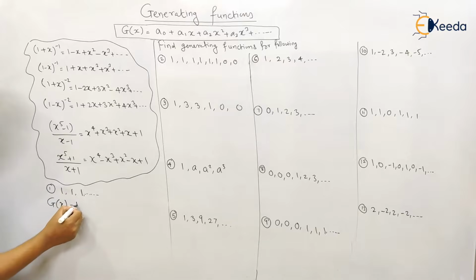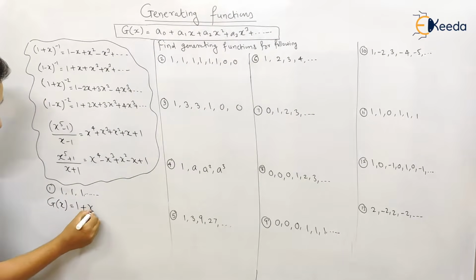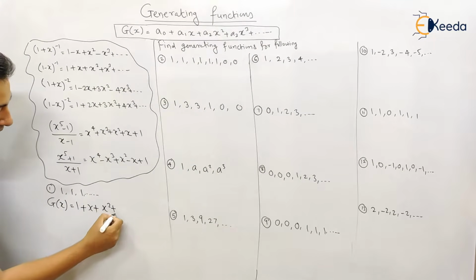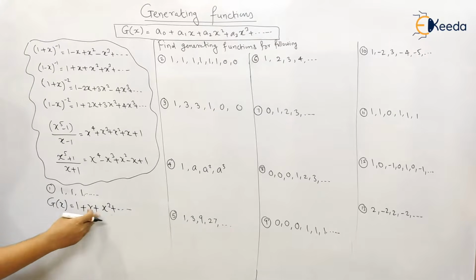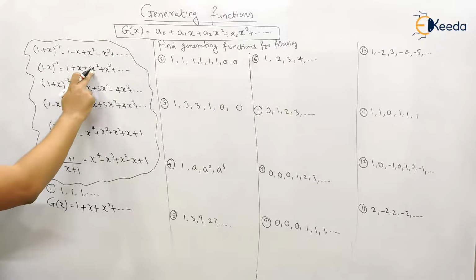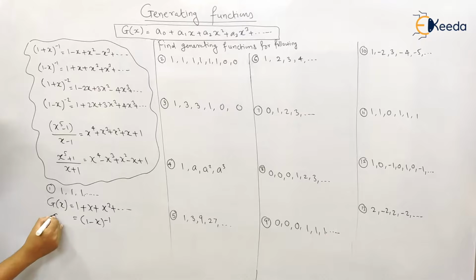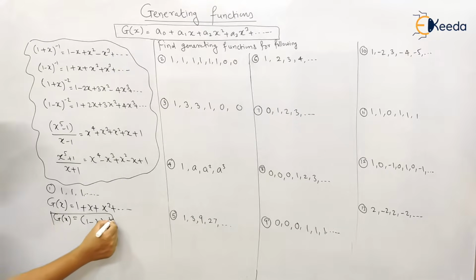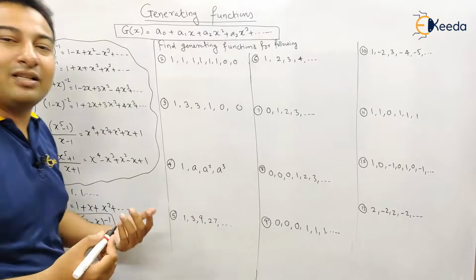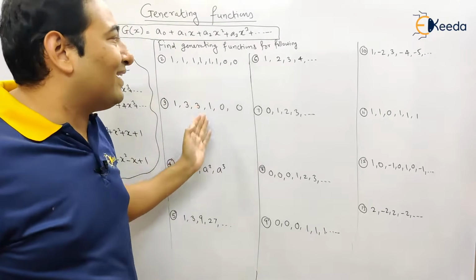So a0 is 1 plus a1x, that is 1x, plus a2x square, that is 1x square, plus dot dot dot. Now this is your series: 1 plus x plus x square plus x cube. And what is the series? 1 minus x inverse. So basically this is your generating function. Through this generating function you can generate this particular series. I just want to find a function through which you can generate the series.